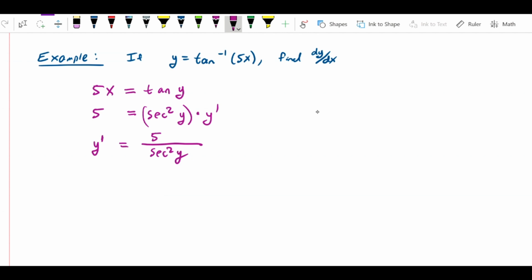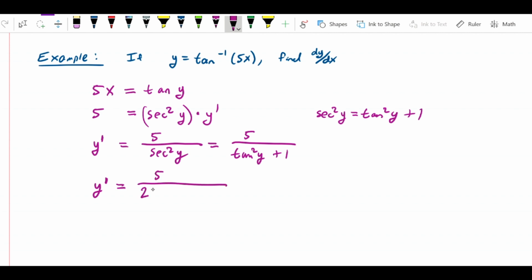And what we know is that since secant squared y is equal to tan squared y plus 1, that's just another form of the secant squared tangent squared identity, we can replace this with 5 over tan squared y plus 1. We know that tan y is 5x, so tan squared y is just 25x squared. So that gives us y prime equals 5 over 25x squared plus 1, and that's the derivative.